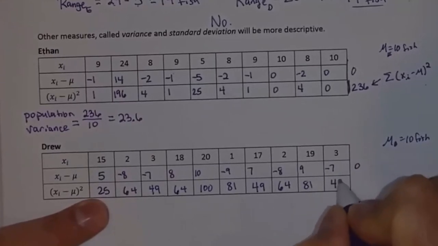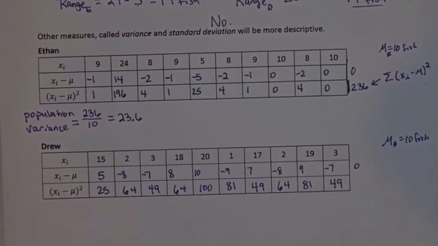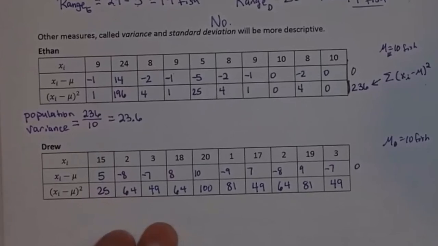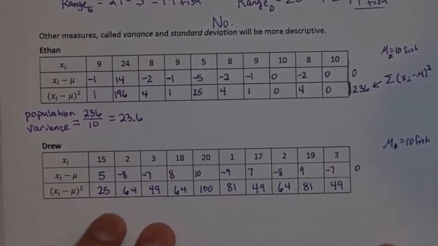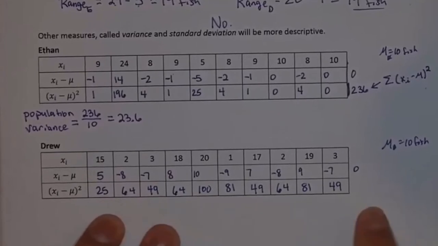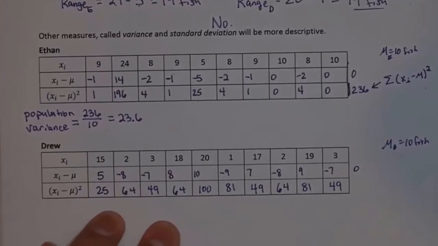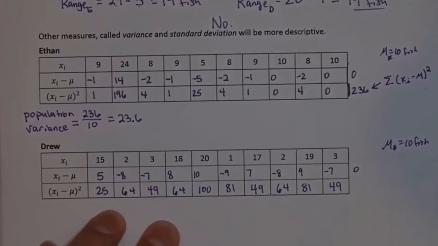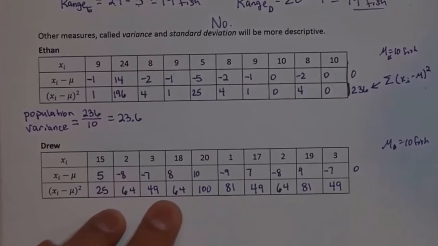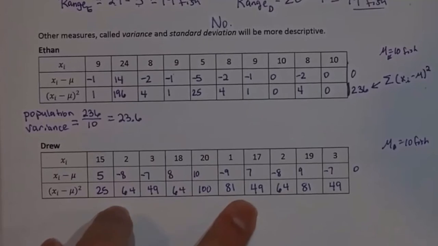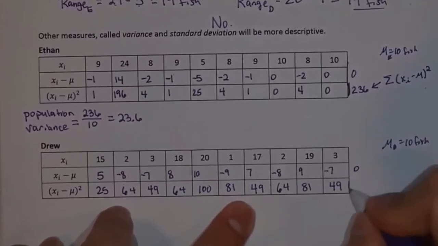Negative 7 squared is 49. So if I add those up, and I know I don't have my calculator on the camera, but I'm just going to add up these 10 values. So 25 plus 64 plus 49 plus 64 plus 100 plus 81 plus 49 plus 64 plus 81 plus 49, that adds up to be 626.